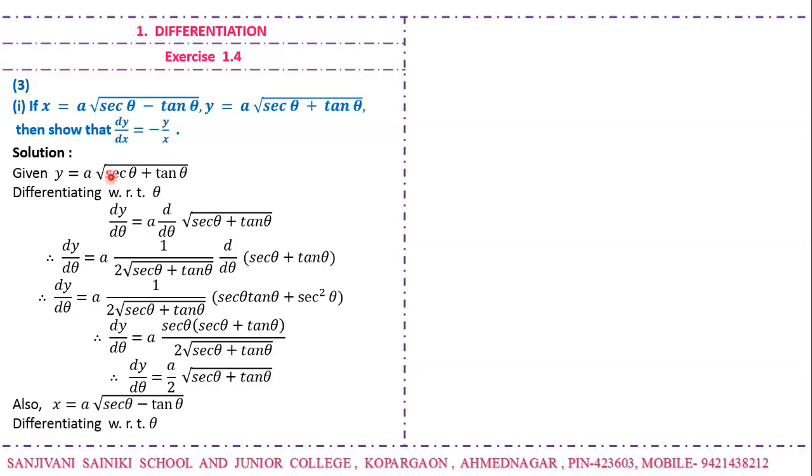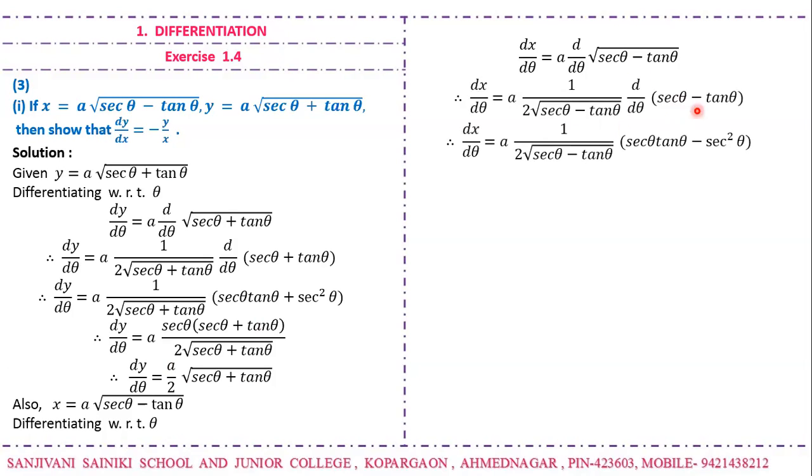Now take our first function, x is equal to a root of (sec theta minus tan theta). Differentiating on the same line, root f of x, its derivative is given by 1 upon 2 root f of x into f dash of x. So now here we will take minus sec theta common, so that we get sec theta minus tan theta.